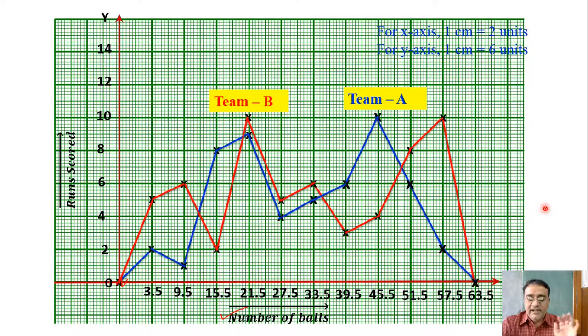So this is for team B. So our frequency polygon is completed. Any doubt here? No, sir. Okay. So there were no additional parts in this. Only we have to draw the frequency polygon.